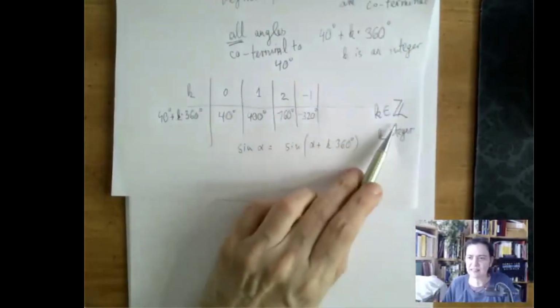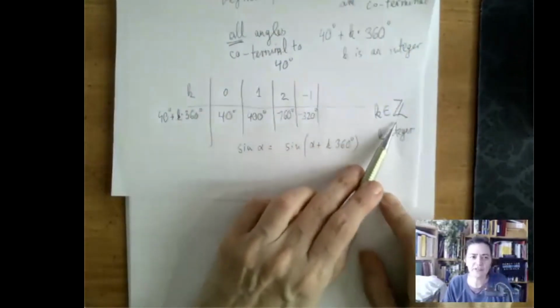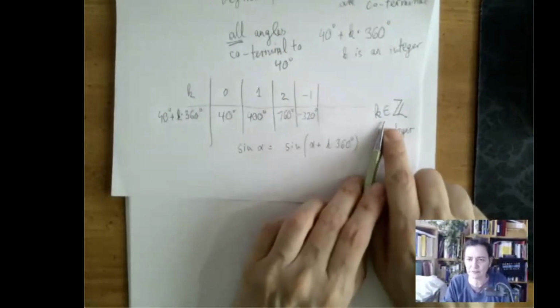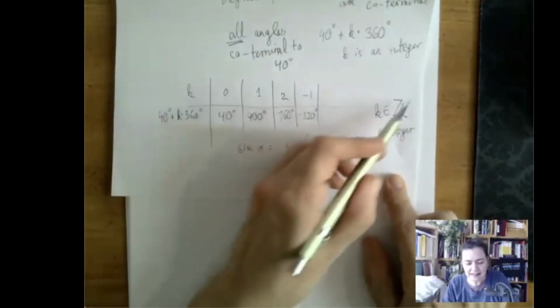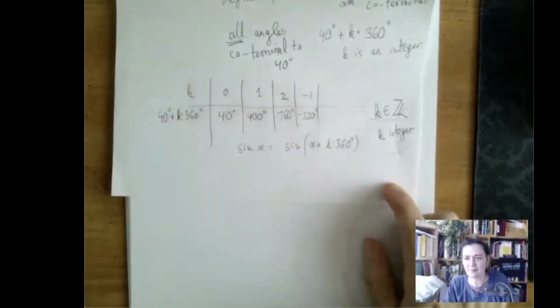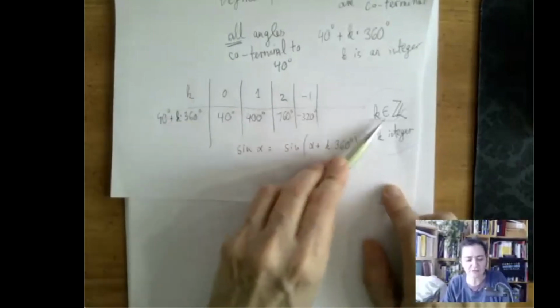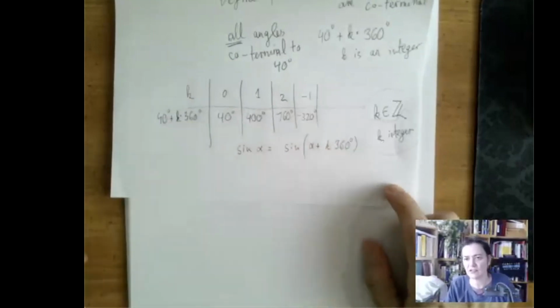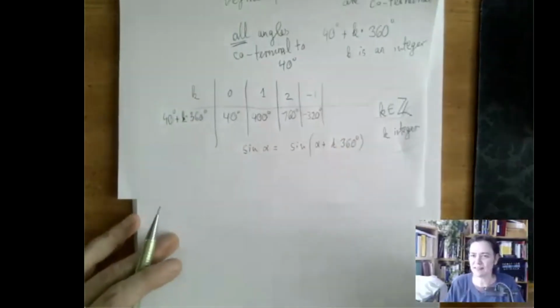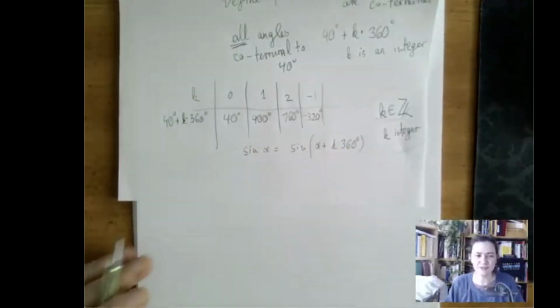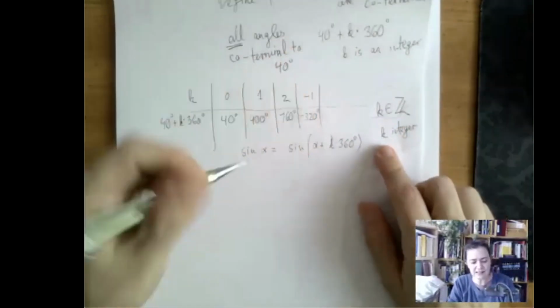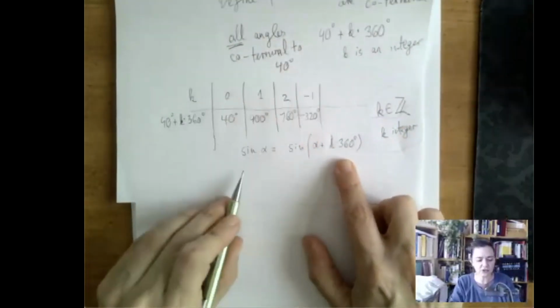This is a capital Z, the symbol for the set of all integers. This is "element of." These two statements are the same: k belongs to the set of all integers, that means k is an integer. But even that's sloppy because it's all of them, that infinite form. But I guess here we can say for all k integer.